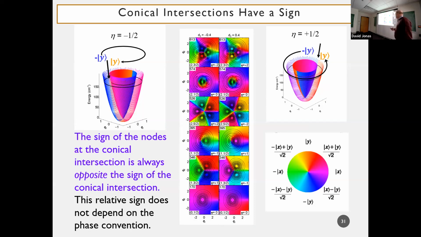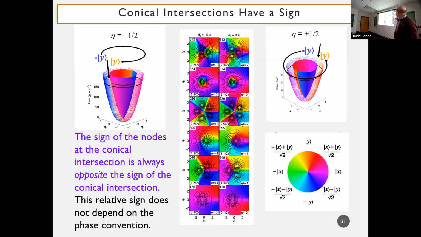Now, that index actually is connected to the index that you would get for the adiabatic potential energy surface in the context of a Berry phase. So if I look at this adiabatic surface over here, I have an index of -0.5, right? Because as I go around it, if I want to go around the color wheel in a counterclockwise fashion, I have to go clockwise around the wheel.